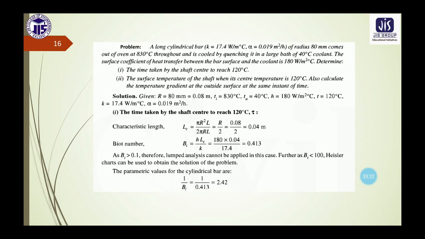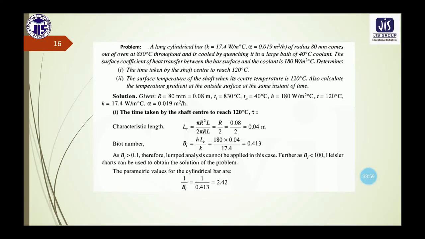Next, a similar type of numerical is also given, but it is for a cylindrical bar. In this numerical also, we have calculated the characteristic length Lc and the Biot number. The Biot number we have got is greater than 0.1 but less than 100, so that means we need to use the Heisler chart here.